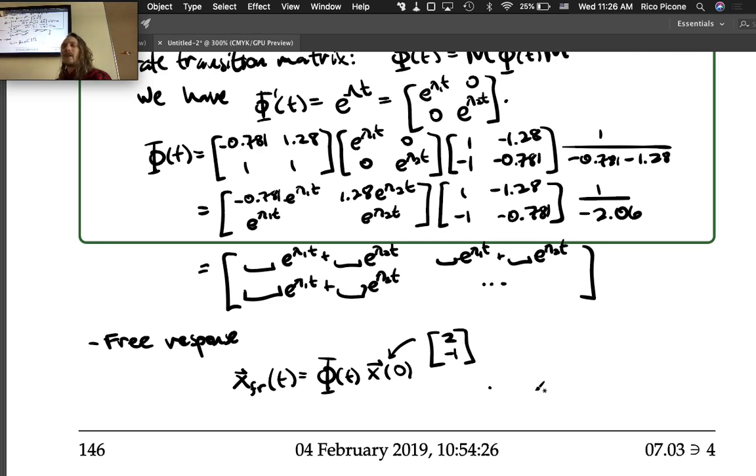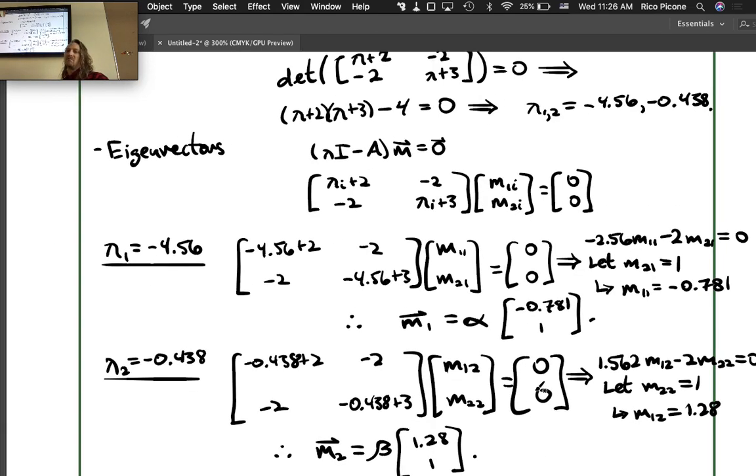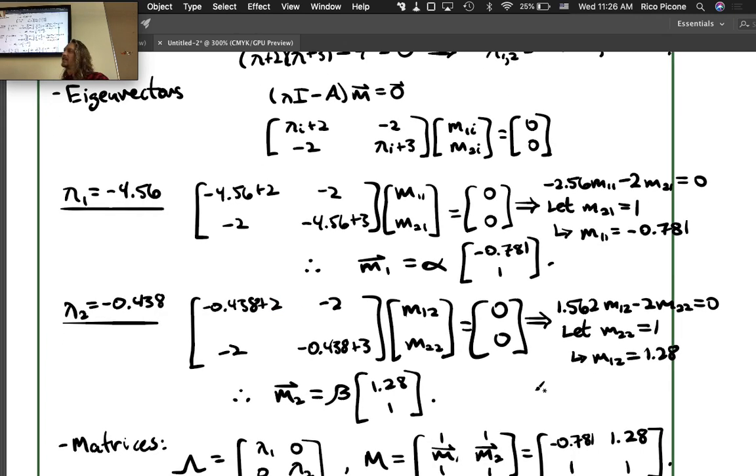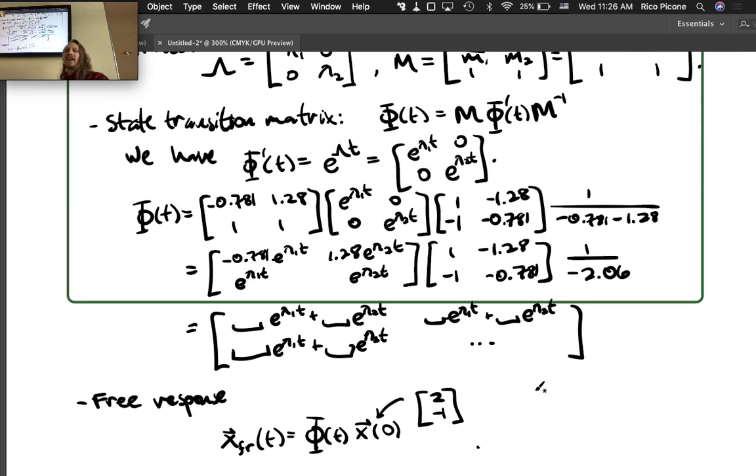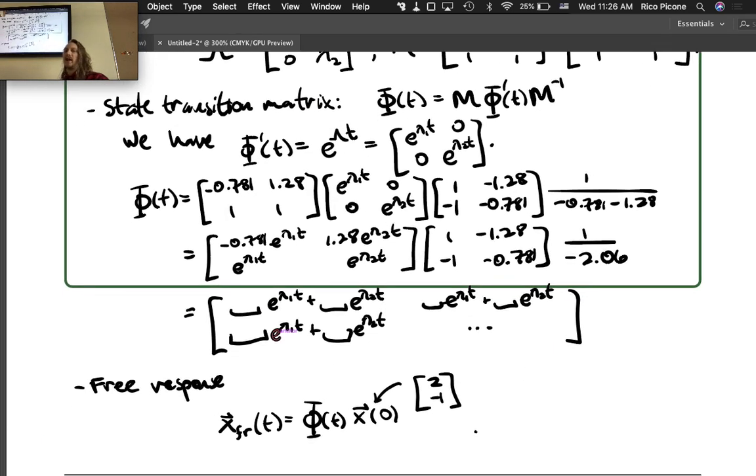So if you were to give us a question like this on a test, would it include the first part? Yeah, you should be able to do eigenvalues and eigenvectors pretty quickly. Set up to 3x3s? Up to 3x3s, yeah. And then I probably wouldn't have you multiply through the whole thing.